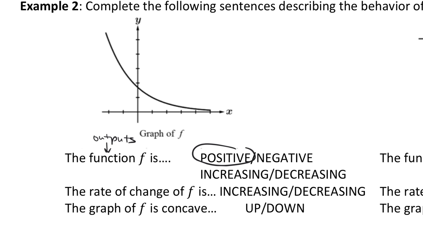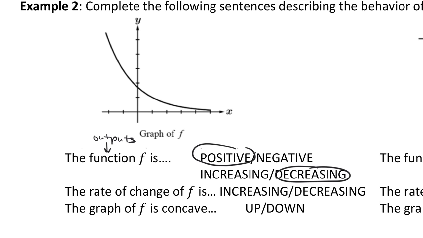Is the function, are the outputs increasing or decreasing as we go along? Decreasing. This is what you were thinking of earlier. Which means, since the function is decreasing, we can also describe now the rate of change. Is this rate of change increasing or decreasing? Let me make it a more confident answer.